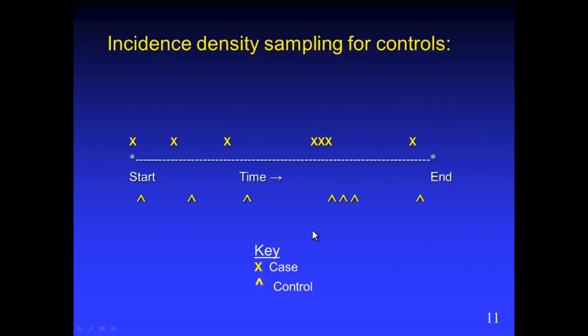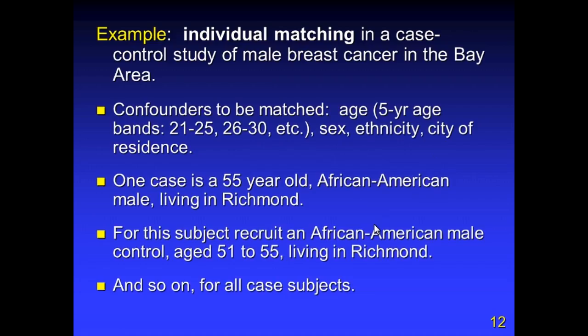So just to remind you of the situation with incidence density sampling, where we collect our cases and our controls more or less at the same time. Although we use individual matching here, this is really a way of achieving a frequency matched sample. An example of how we go about it: if we were looking at male breast cancer in the Bay Area, and we had these confounders to be matched on, age, sex, ethnicity, city of residence, that's quite a lot of confounders really to match on.